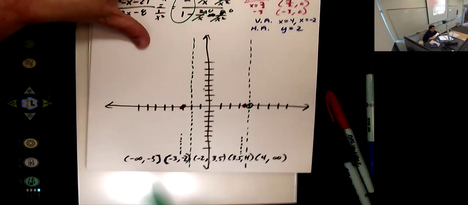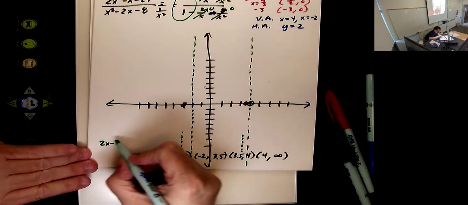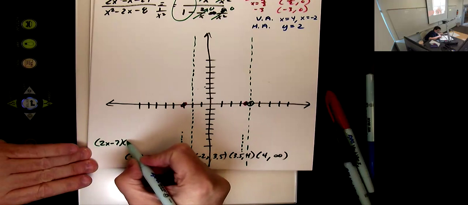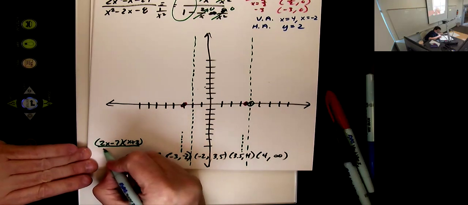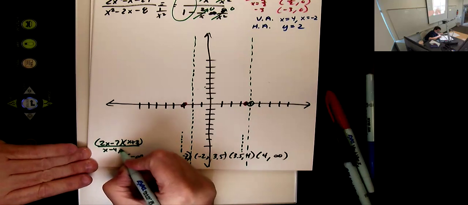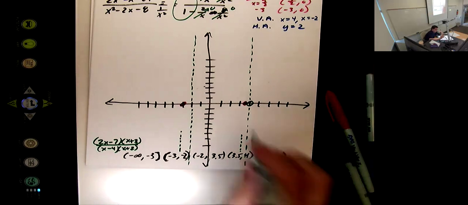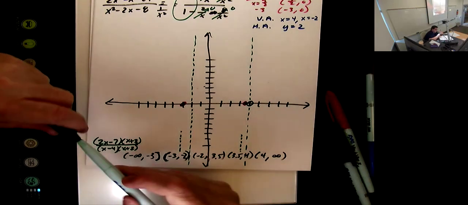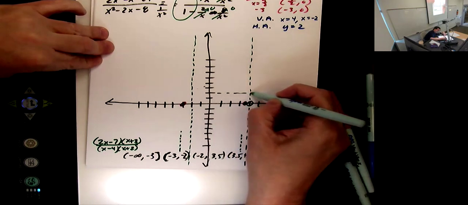Let me rewrite it down here. I know I have a horizontal asymptote at y equals 2, so I'll put that in as well.